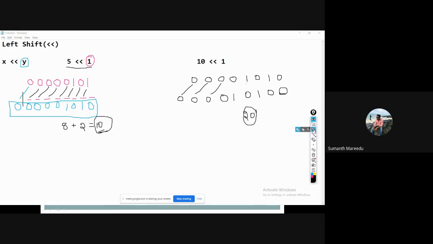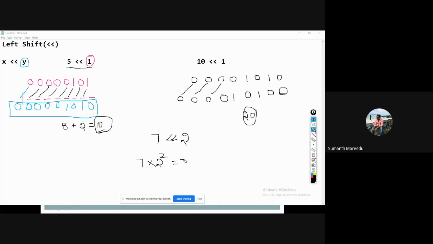You can even tell this directly without doing all these calculations. It is simple. Say it is 7, so 7 left shift by 2. What you will get is 7 into 2 square. 2 square means 4.